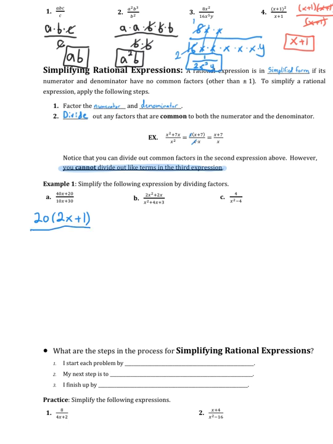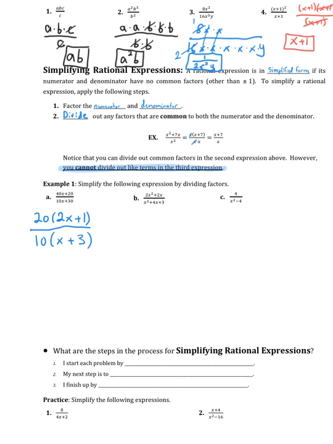The denominator, I can pull a 10 out of both terms, and I'm going to be left with an x plus 3. And if I'm not sure, I can always try and distribute it back together. 20 times 2 is 40x. 20 times 1 is 20. 10 times x is 10x. 10 times 3 is 30. That's perfect. That's the first step. Go ahead and factor it. The second step, I see I have a 20 divided by 10 here.